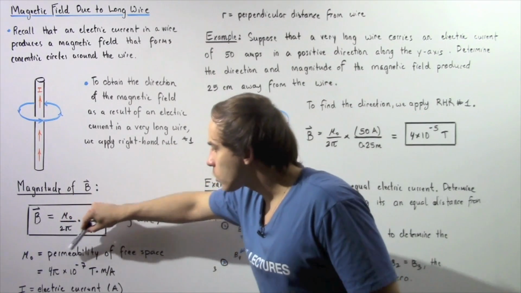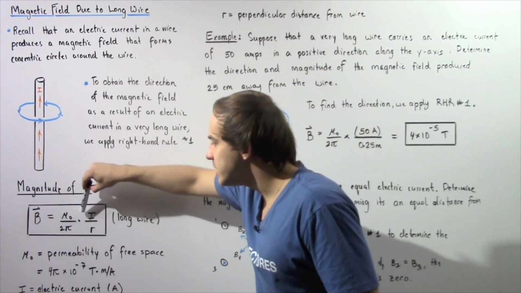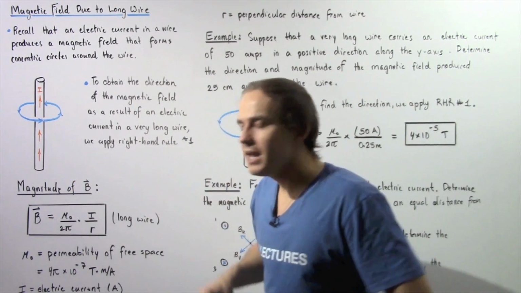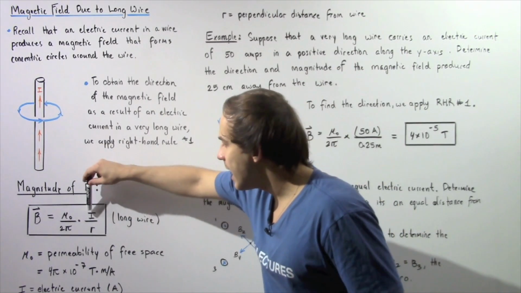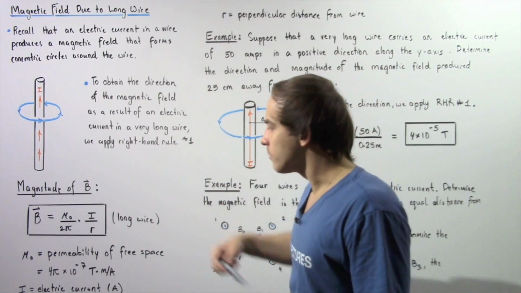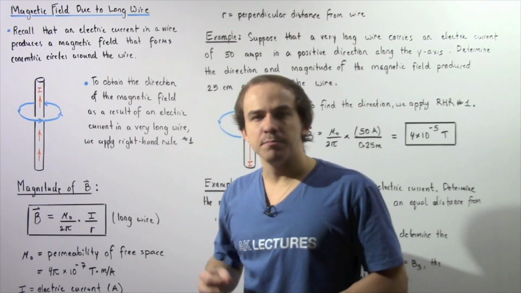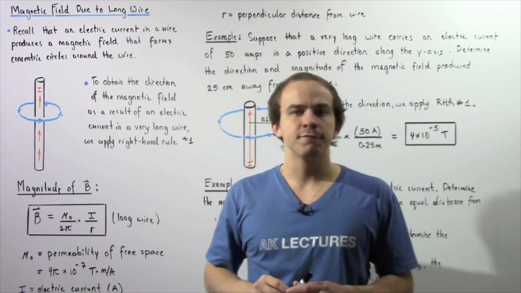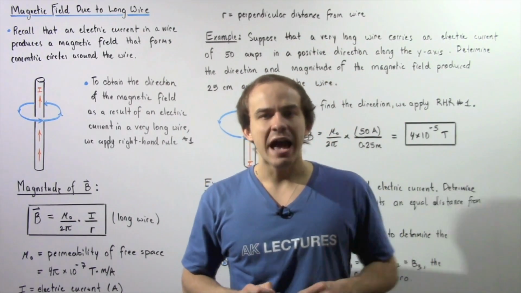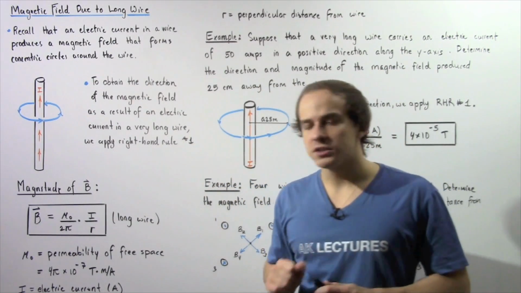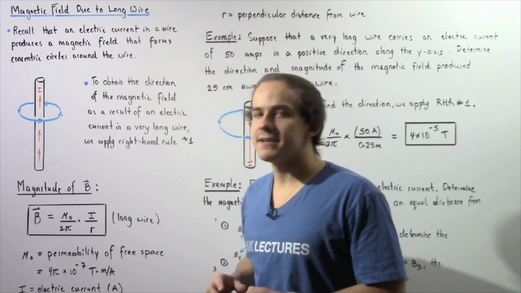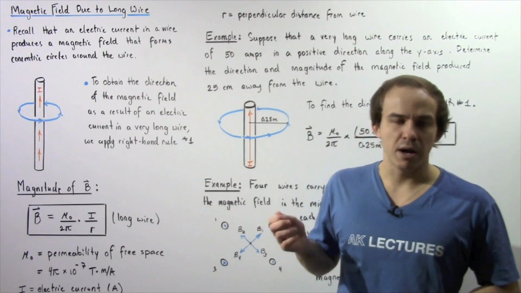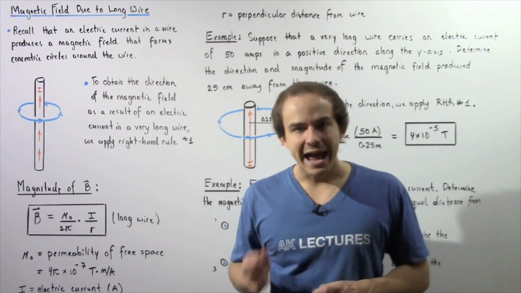So we take our proportionality constant mu naught divided by 2 pi and multiplied by I divided by R. So our mu naught is simply a constant. It's known as the permeability constant of free space, and it has a value of 4 pi multiplied by 10 to negative 7 Teslas multiplied by meters divided by amps.